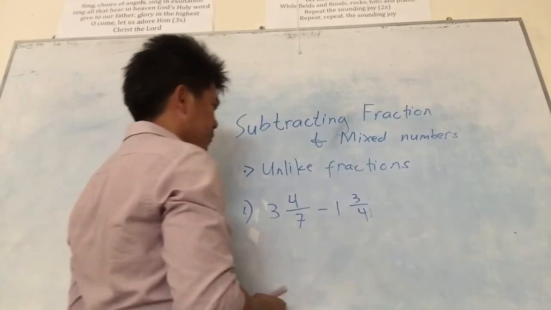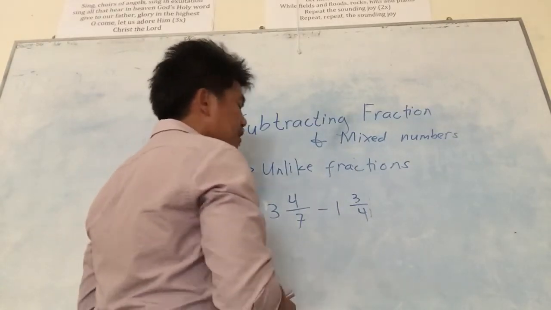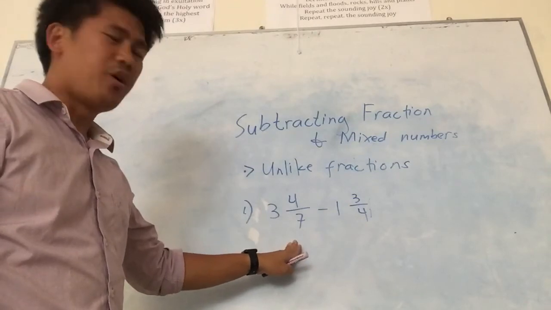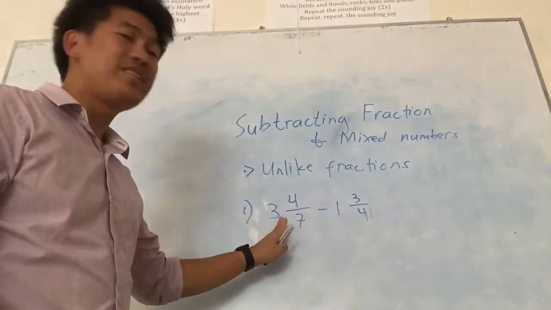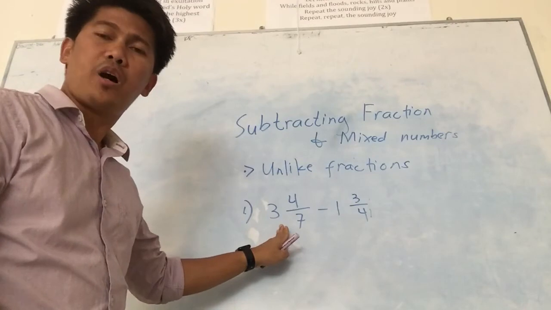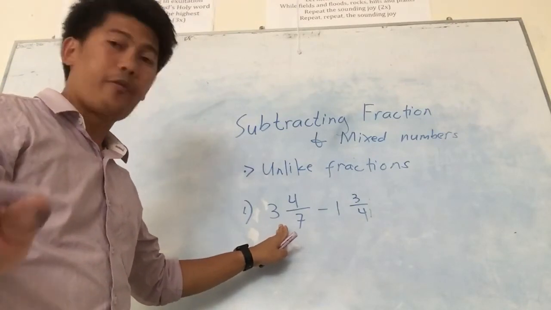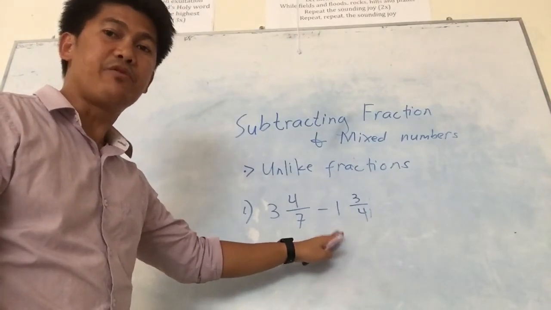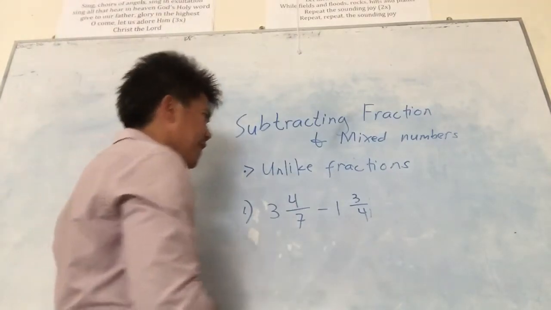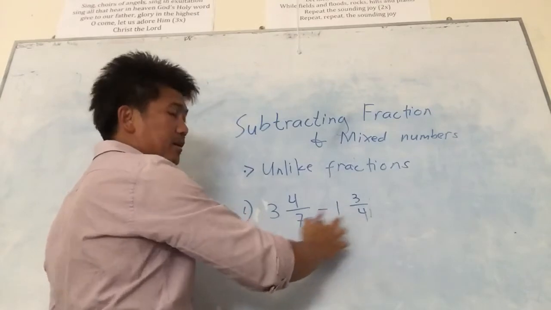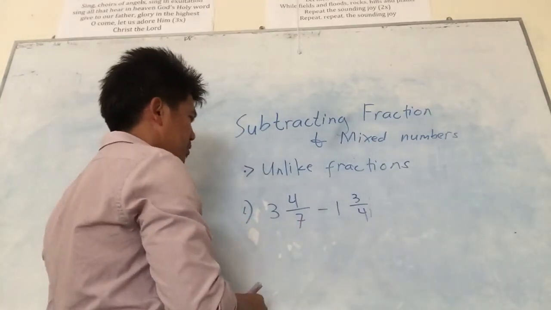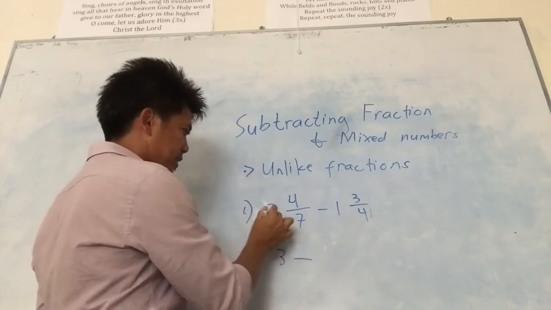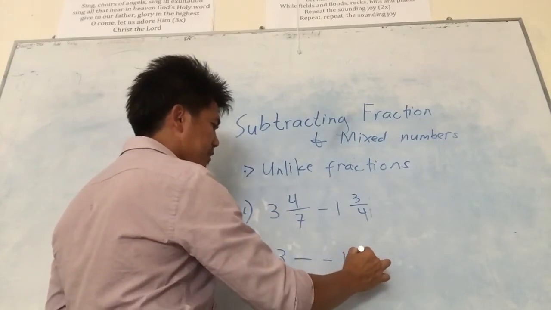So, now, first thing you need to do is to check, okay, to know whether you need to borrow or not. How do you know that? How will you know that? By finding the LCD first. So let's find first the LCD because these are unlike fractions. Okay, so that's 3. I just copy that 3. Okay, the 3 minus 1.